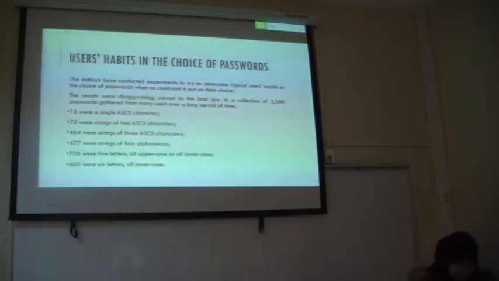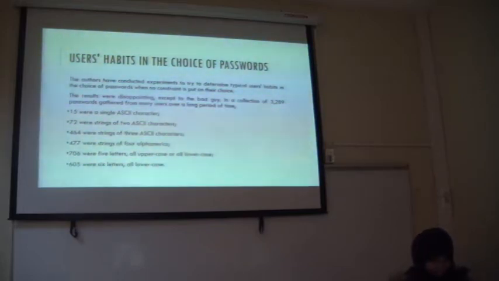But the results were disappointing, except for the bad guy. As we see, five users had passwords that were a single ASCII character, and 72 were from just two ASCII characters.